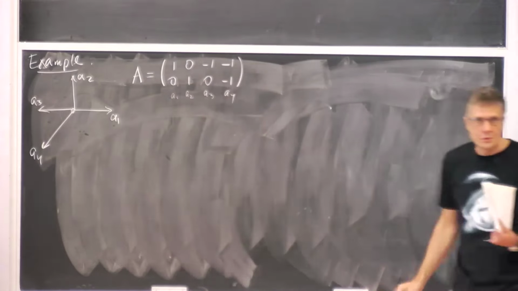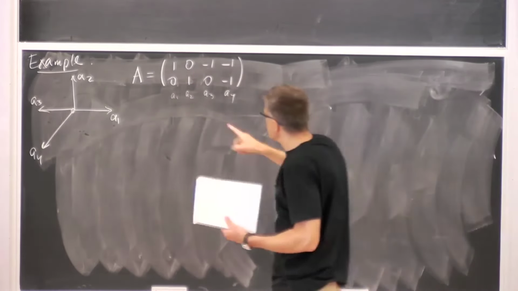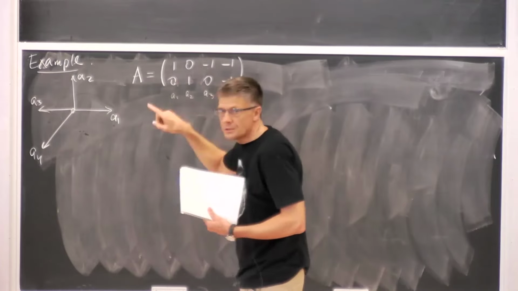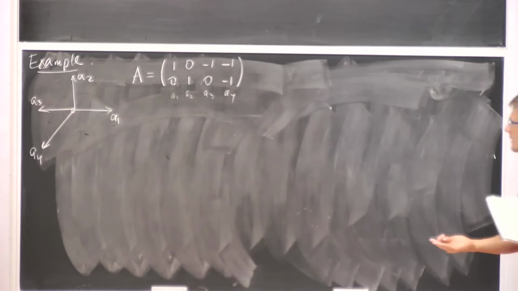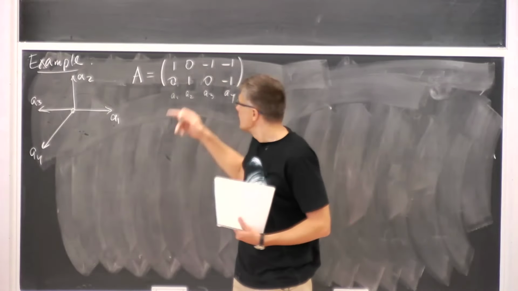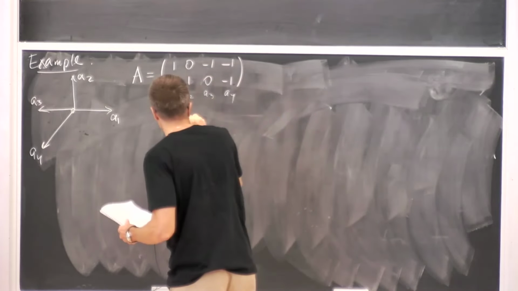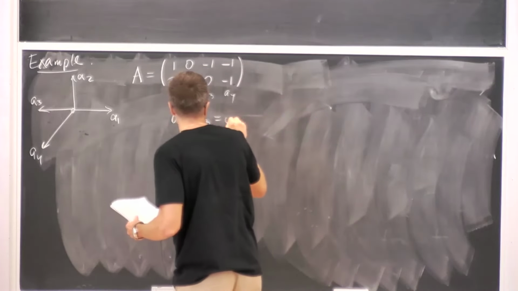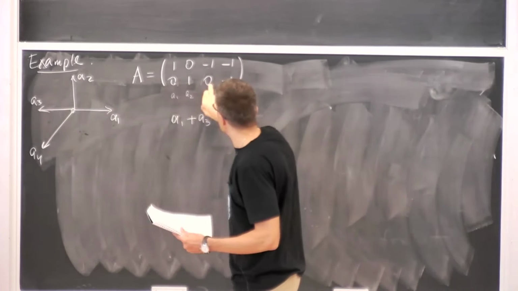And now you want to produce the Gale dual configuration. How do you do that? Recall that there are 4 vectors in a two-dimensional vector space, so there are 2 linear relations between them. You need to pick 2 linearly independent linear relations between those 4 vectors. For instance, you can take A1 plus A3 is 0, that's one.